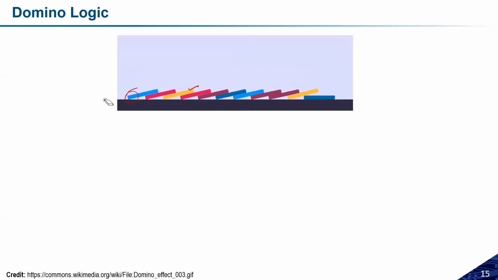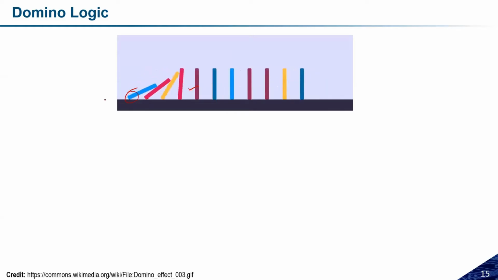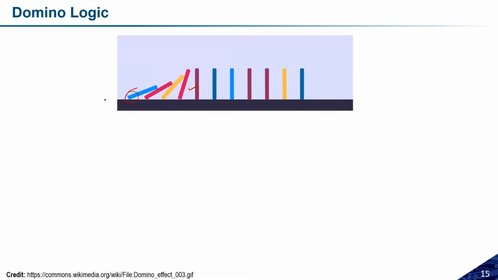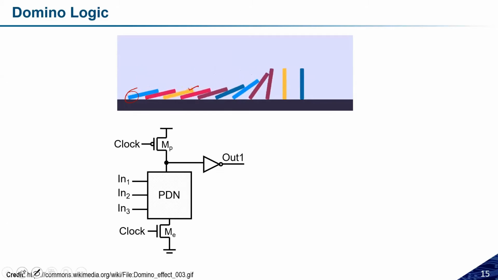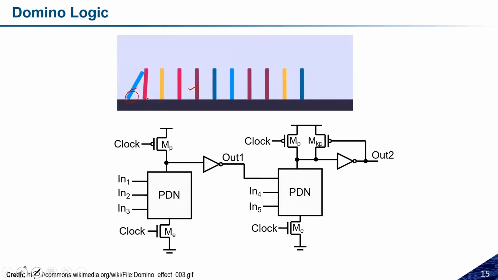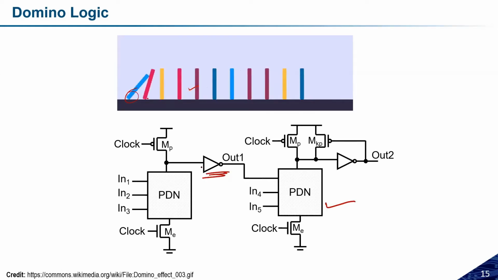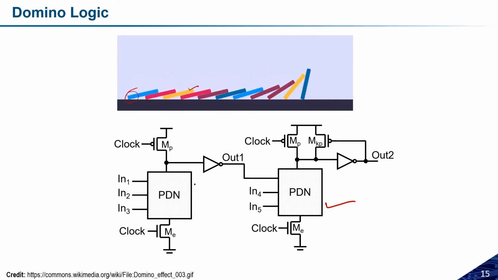The same kind of phenomenon can also happen if we are cascading n number of stages with dynamic logic circuits. So let us assume I have one dynamic logic circuit like this, and another dynamic logic circuit like this. The output of this second dynamic logic depends on the input of the first one, because there is an inverter here.